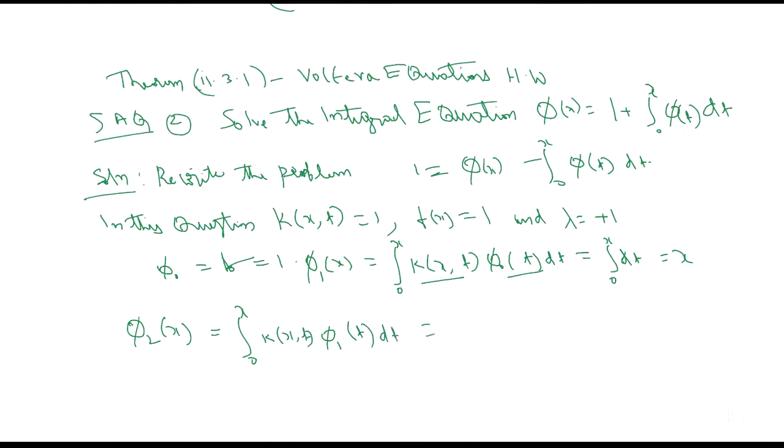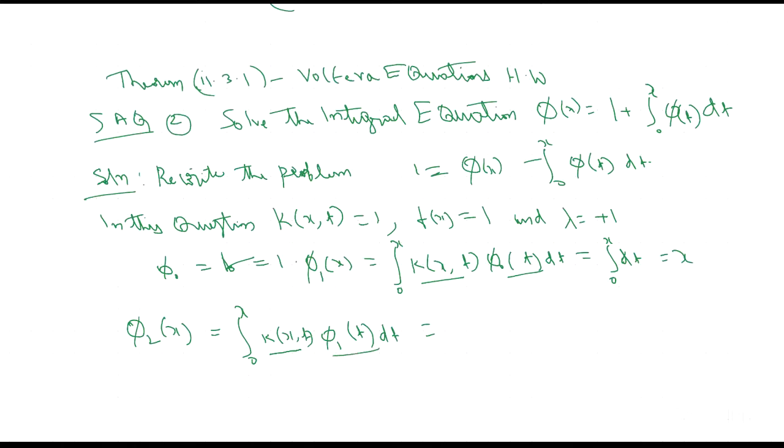Already kernel K(x,t) equal to 1, and phi 1 of x equal to x means phi 1 of t is t.